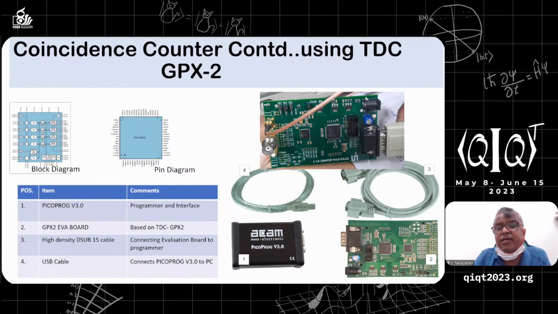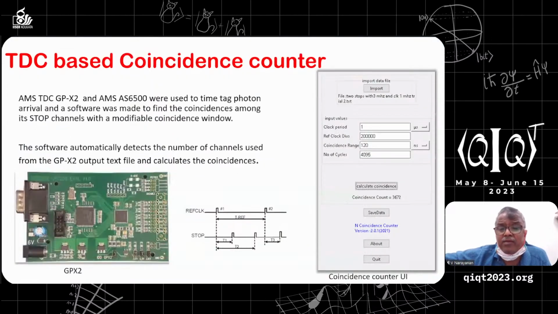Another commercially available option, which one can buy but for which one has to develop the various peripheral electronics, is something called the GPX2, an inbuilt evaluation board, which is shown here. Again, this is a 4-input, and again, we developed our own electronic circuits.